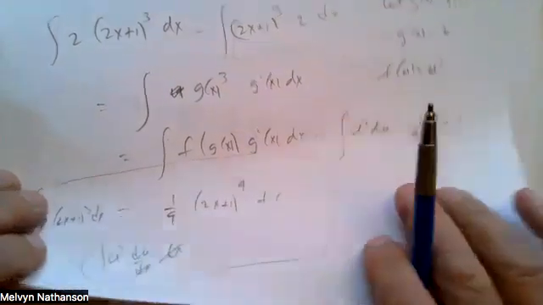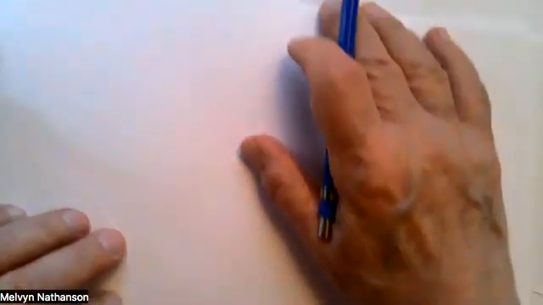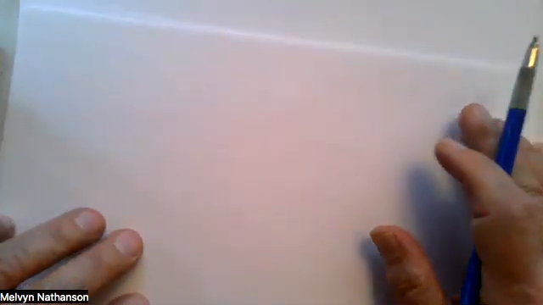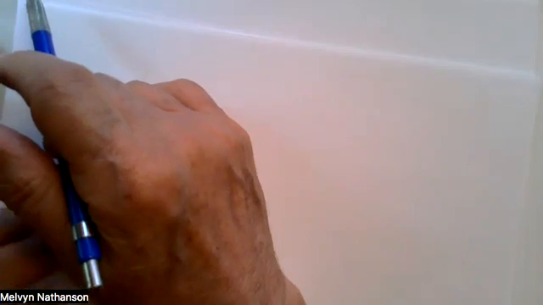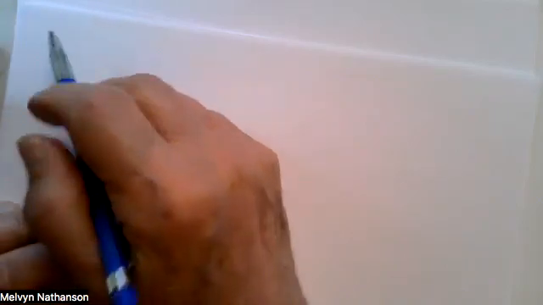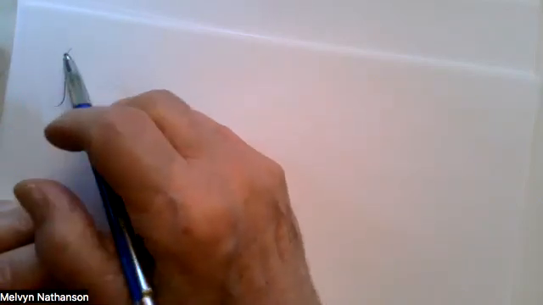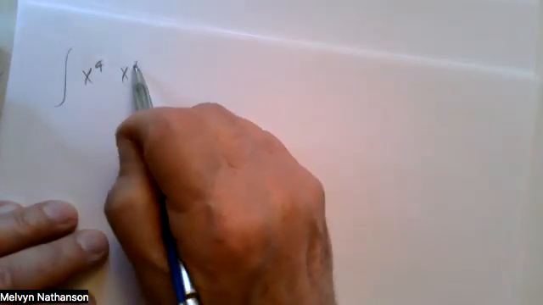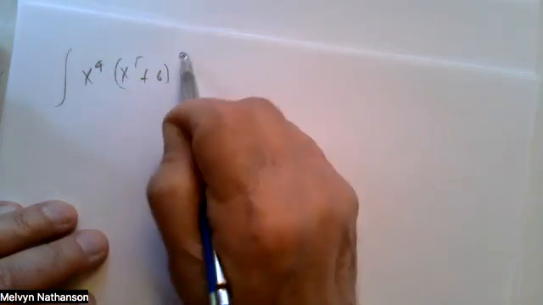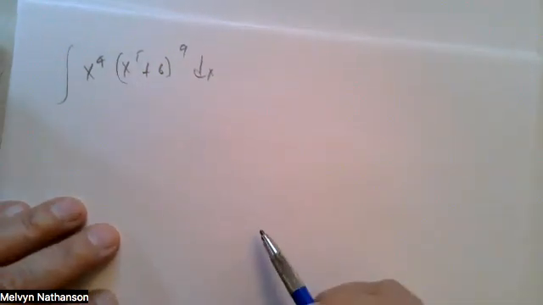Let me do one more example and then we'll quit for the day. But it's really worth spending time trying to understand and learn this technique. The integral of x to the 4th times (x to the 5th plus 6) to the 9th dx. So that looks like a very complicated thing.